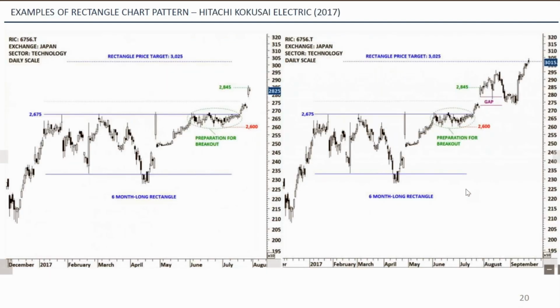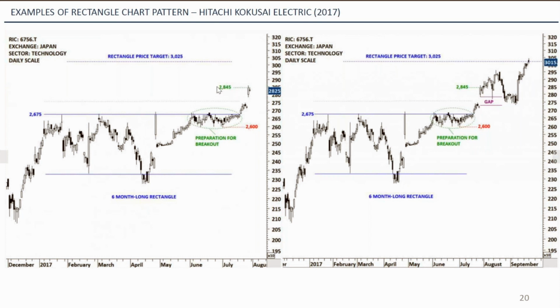Here is one of the perfect rectangles, I would say, a 6-month-long rectangle. What I like the most is that after several tests of the chart pattern boundary, you see the price sticking to the boundary, getting prepared for a breakout. And when the breakout takes place, the momentum is really strong and takes it to the price target.